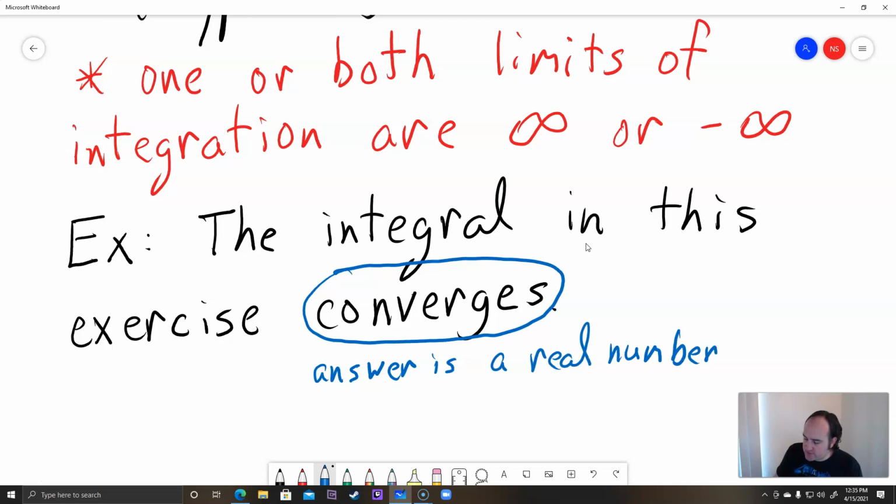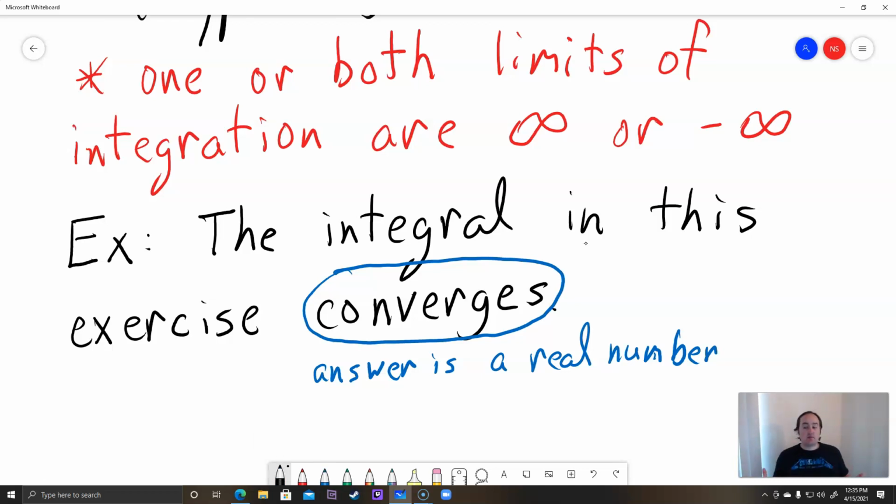And that's not a very precise definition. It's actually a lot more complicated than that. But for our purposes here, for improper integrals, when they say that it converges, that just means that after you calculate the integral, you're not going to end up with infinity or negative infinity as your answer, and you're also not going to end up with indeterminate or undefined. The answer is going to be a number like pi over 2 or 7.